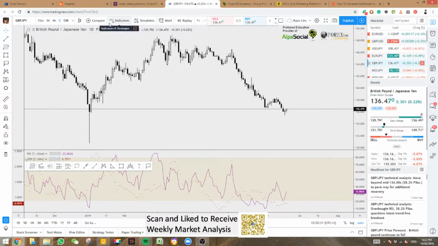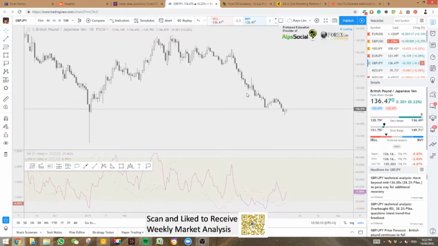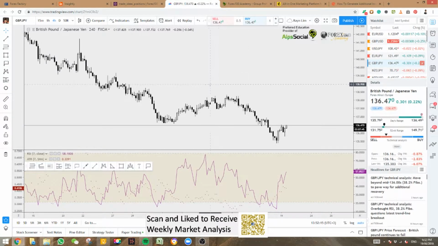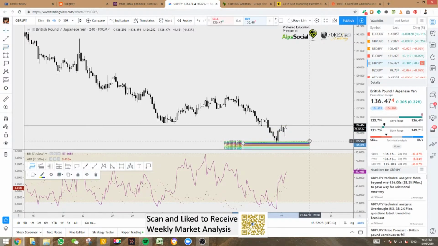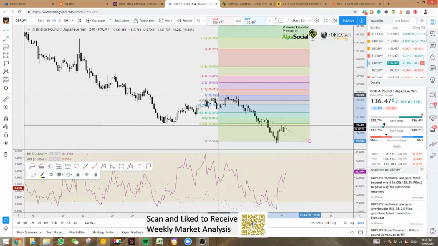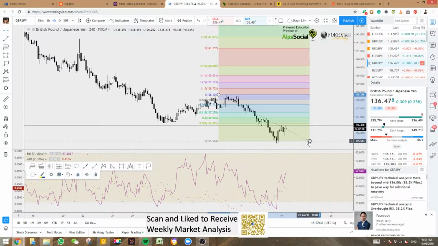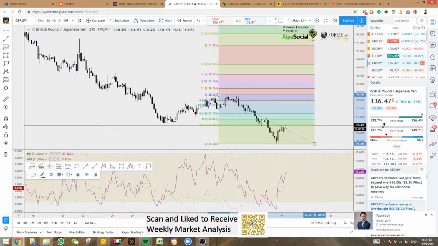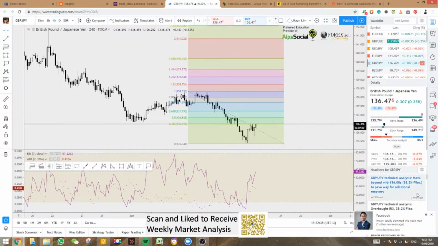On the daily chart, nothing much for me. To the 4-hour chart, nothing much for me as well. All right, so let me just do a bit of check over here. On the 4-hour chart, we have a pattern here.